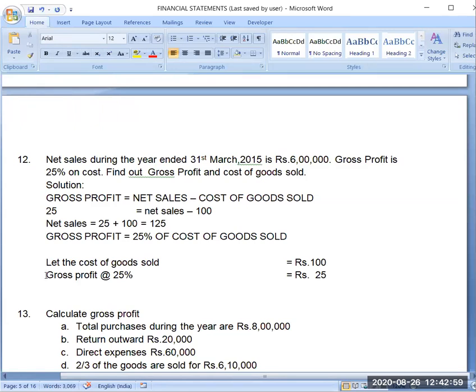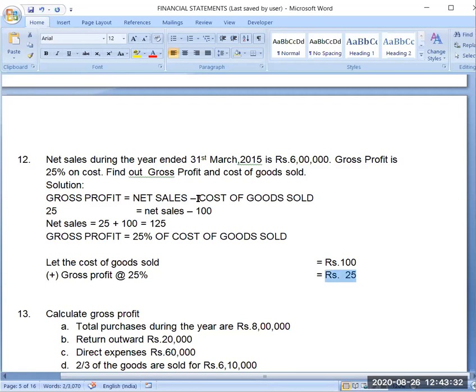What I have cleared from here, that why I should add the gross profit. That logic I have cleared you, why I should add gross profit here. And it is quite very simple to understand. It is a very simple logic that in cost you always add your profit and then you get your sale price. So same logic has been applied here.